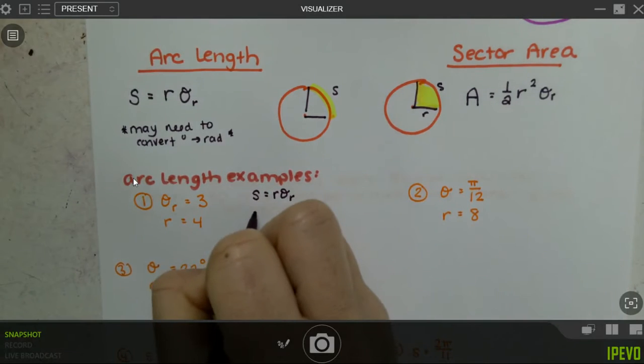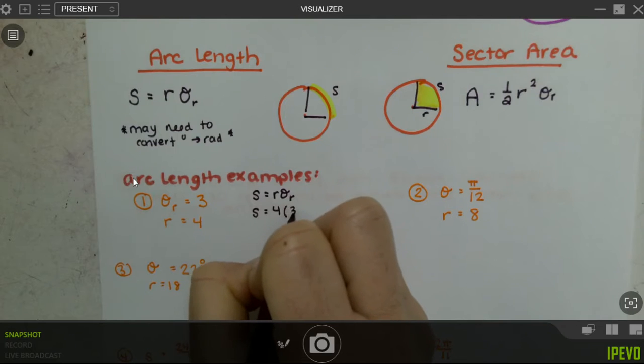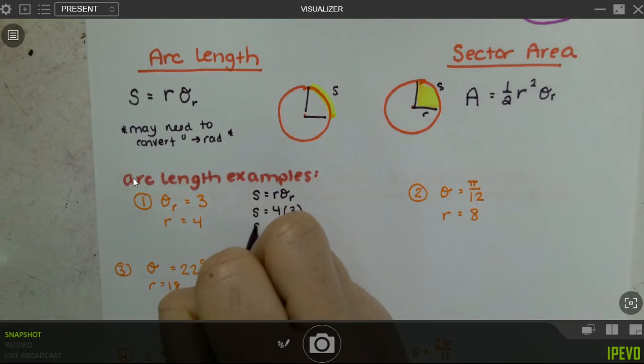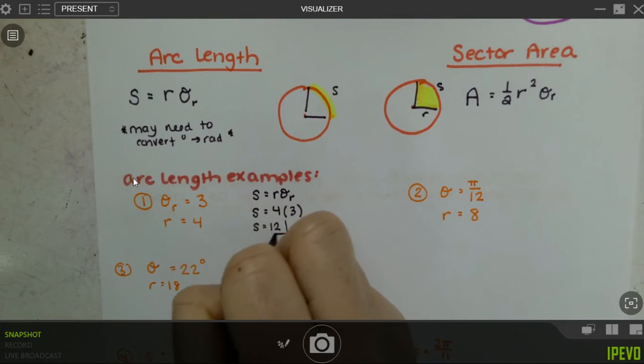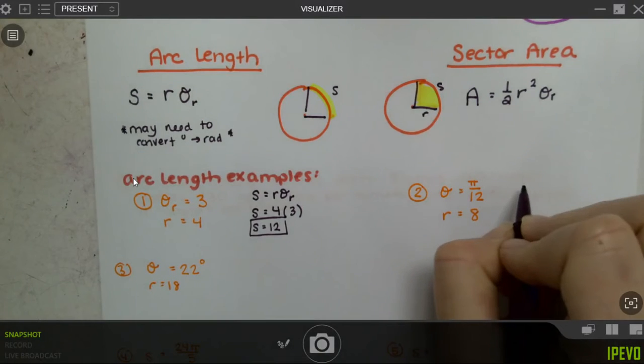We want to know the arc length, we have the radius, and we have the measure in radians. So the arc length, for example 1, is 12. And that's really all there is to it. So I would like you to pause the video and do problem number 2, and then unpause and check your answer. All right, welcome back.